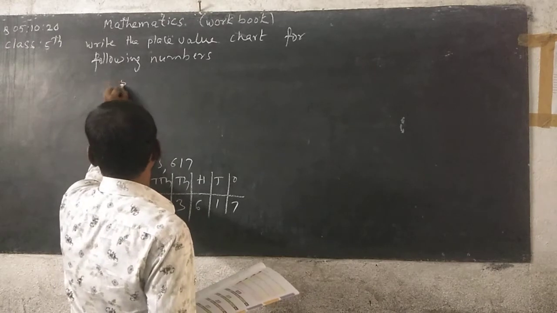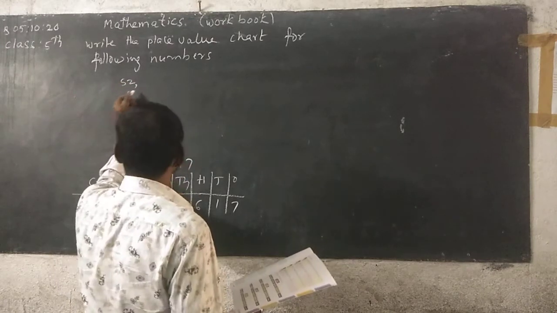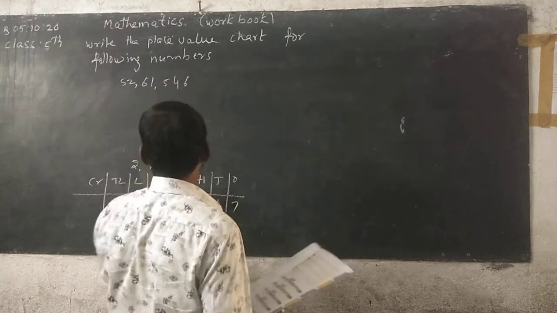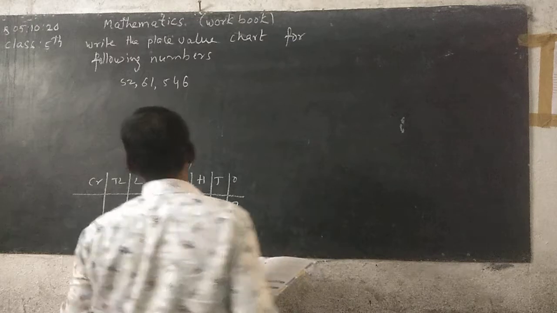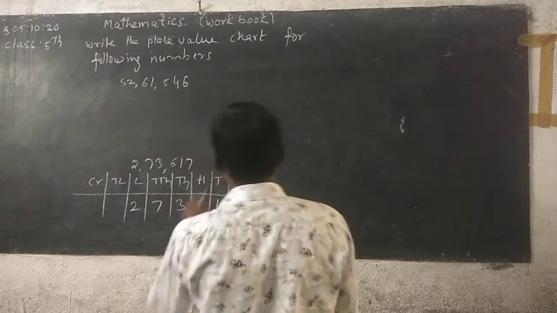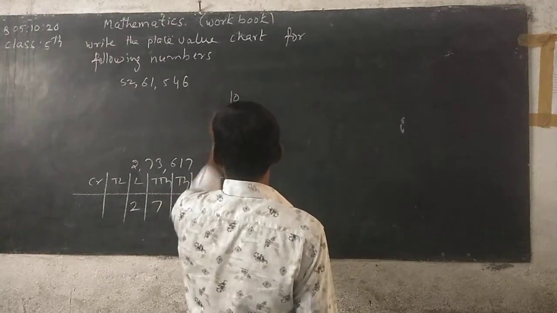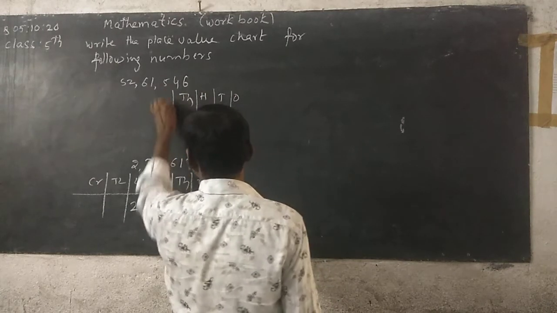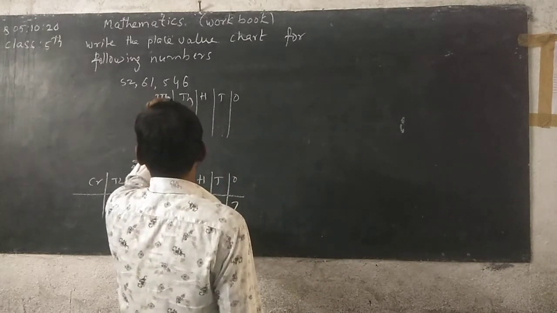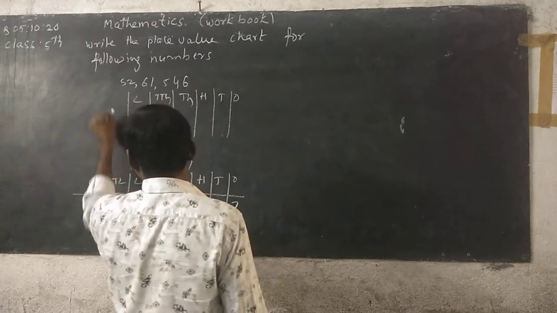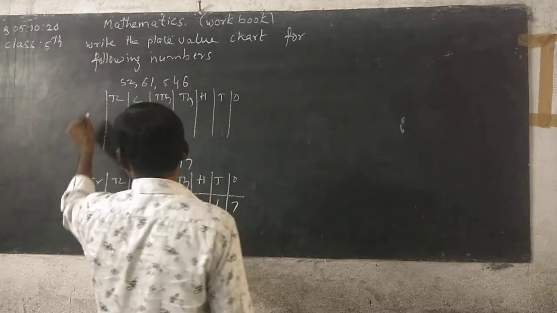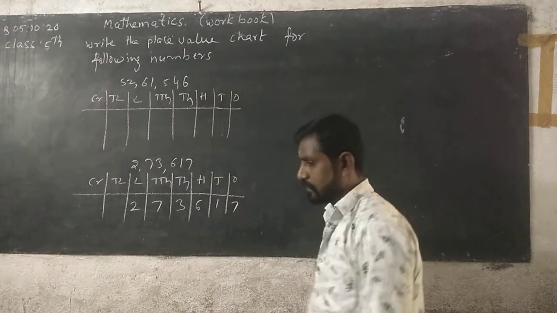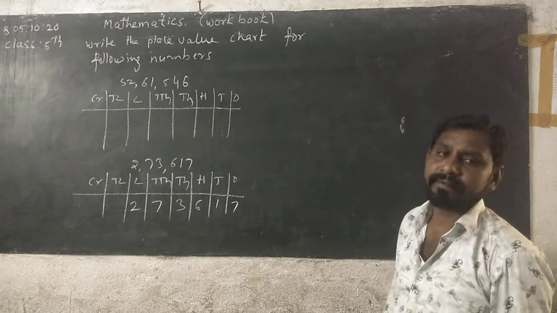52 lakh 61,546. See here, ones, tens, hundreds, 1,000, 10,000, lakh, 10 lakh, next crore. See here, first of all observe the given problem.